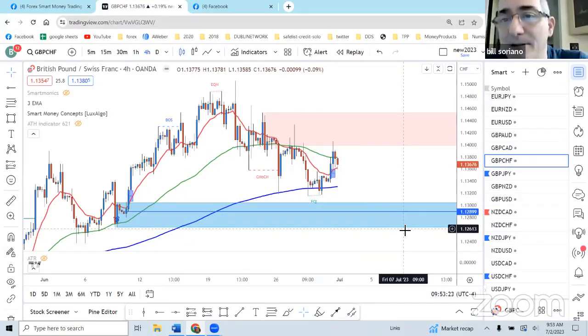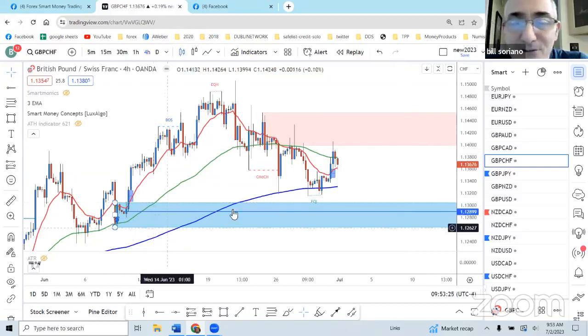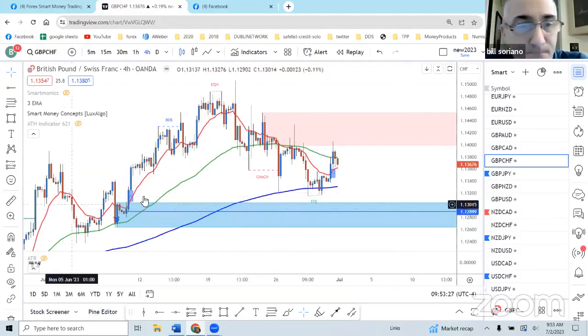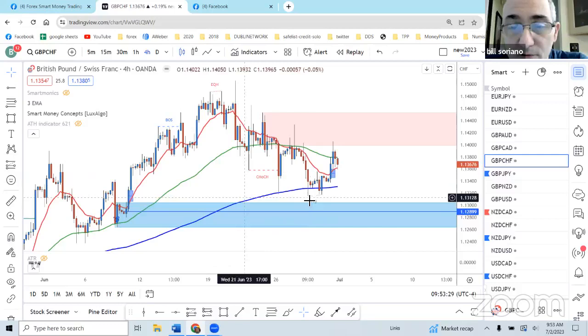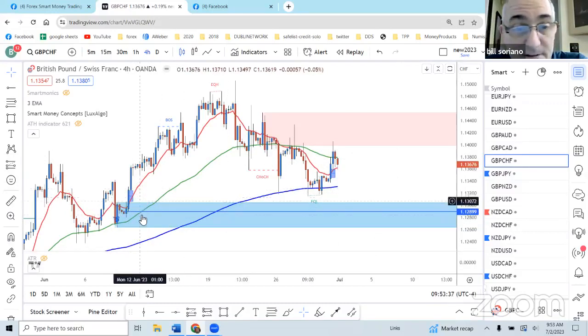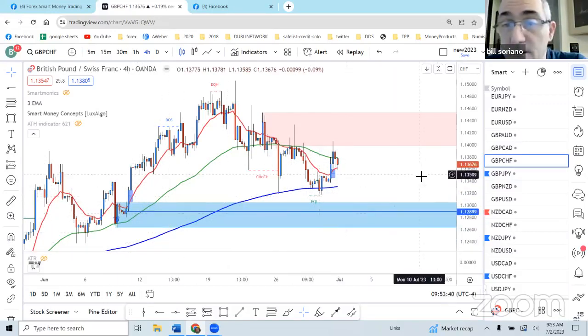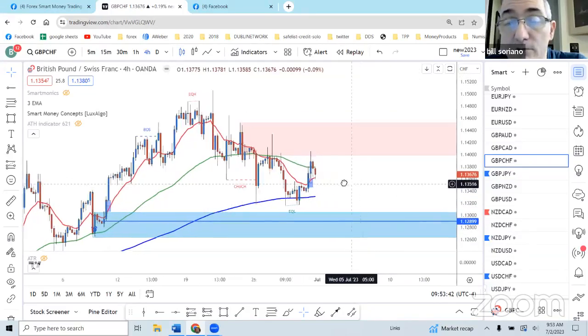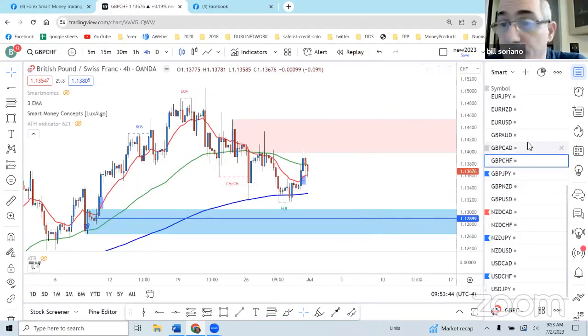That just has to happen. Okay. So we have to understand that. And we could see all these equal lows down here, 1, 2, 3, 4, just building up liquidity that they're going to eventually come down, and we have imbalance as well. Okay. So this should be a very good zone to trade up from.